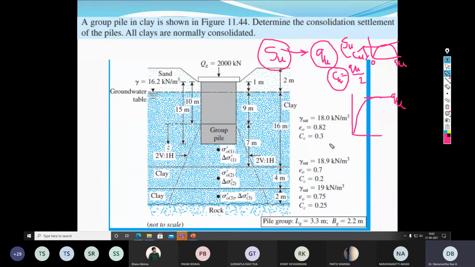For example, when you conduct the UU test, you still get the undrained shear strength of the soil, but there SU is not equal to CU, because in this case you will get CU and phi U also. So you cannot say that CU is equivalent to SU. The CU-SU equivalency is valid only for the UCS and no other test.